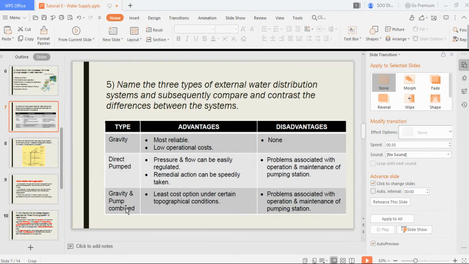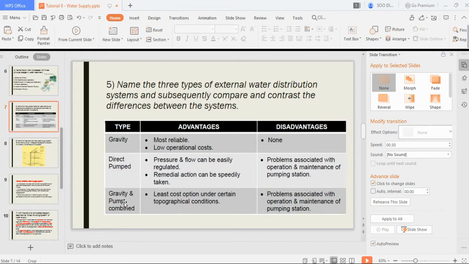And then lastly, we have the combined method of gravity and pump for the distribution method. This is used under certain topography conditions. It means that although we want to use gravity, we still need to rely on pumping.